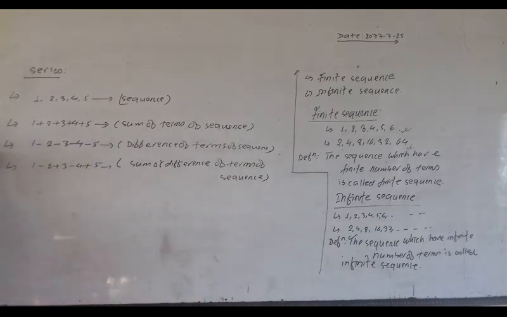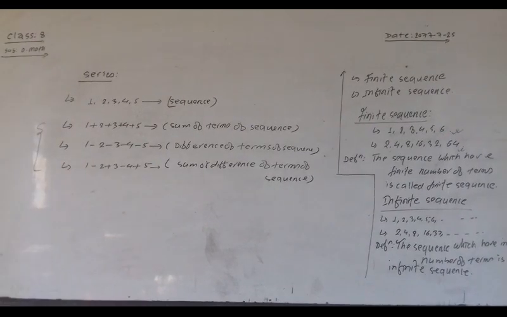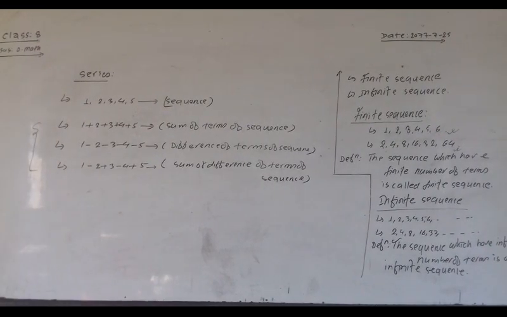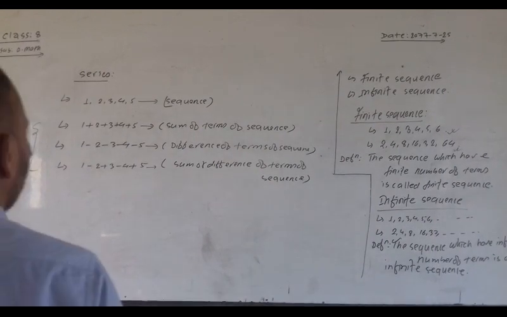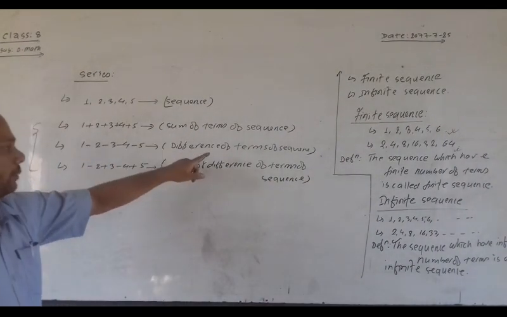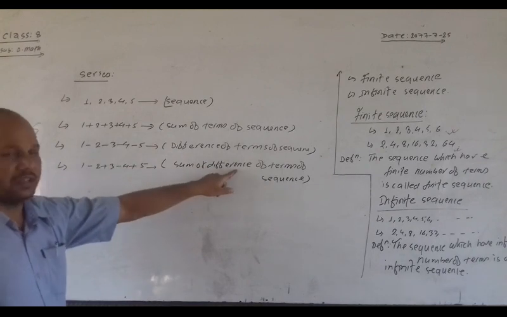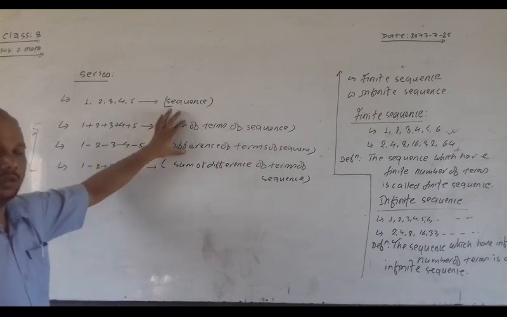These all are the examples of sequence. Sorry, these all are the examples of series. You know what is the series? These three are the examples of series. The sum, difference, sum or difference, which represent both.